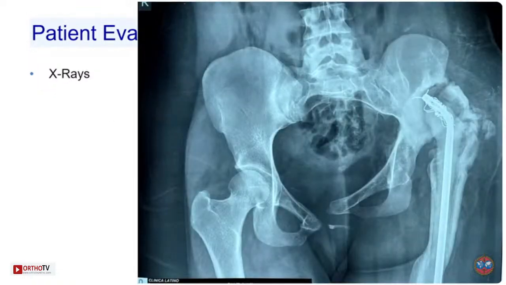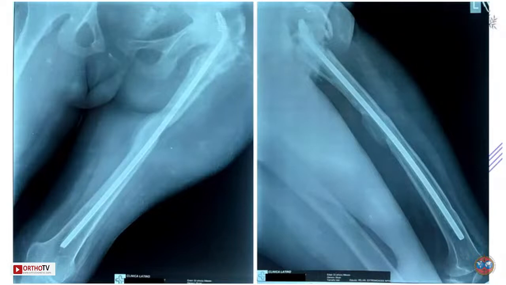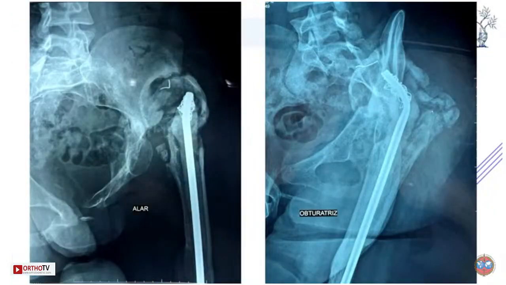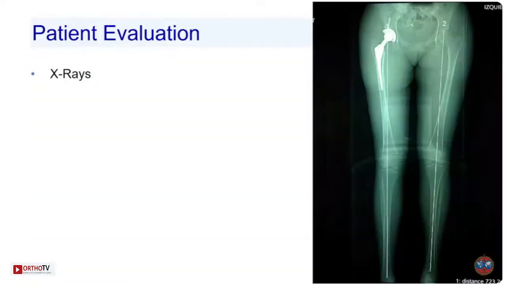Good X-rays: a pelvic X-ray, complete femur X-rays in AP and lateral views. We can also add the Judet oblique views, the iliac and obturator views, and X-rays of the whole length of the extremities in order to check leg length discrepancies and the angles of the joints.